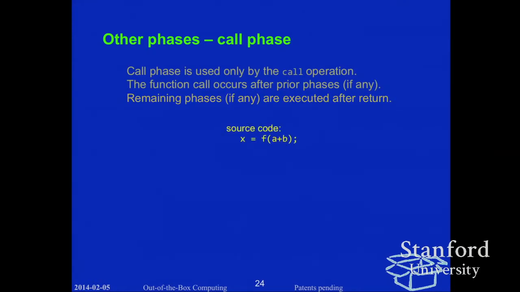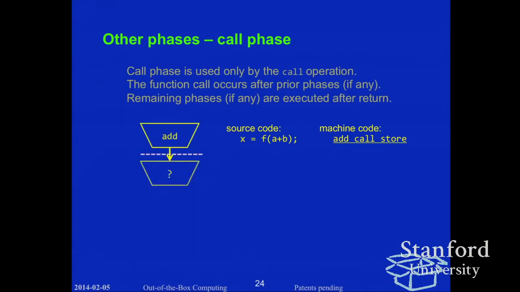If this is your source code, the machine code will look like that. Remember, the underscore means this is all one instruction. It's an add, a call, and a store. The add, you'd think, would be feeding some functional unit. What actually it feeds is the called function, so that the result of the add is being passed directly into the callee with only the cycle boundary in between.